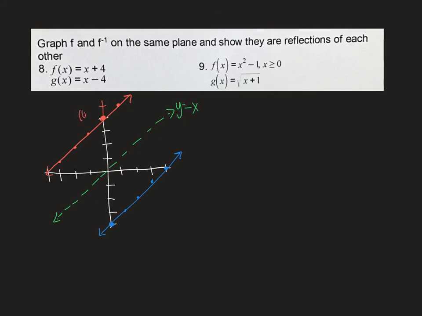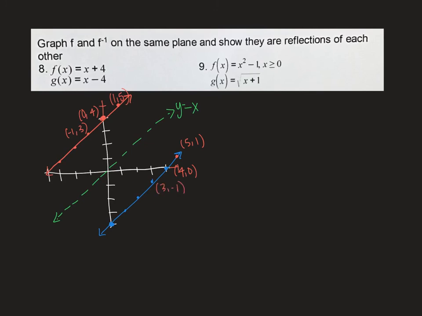So this 0, 4 becomes 4, 0, which we have here. This 1, 5 would become 5, 1, which we would have right here. -1, 3 would become 3, -1, which we have here.